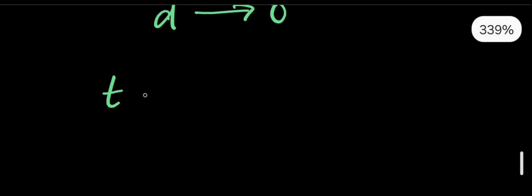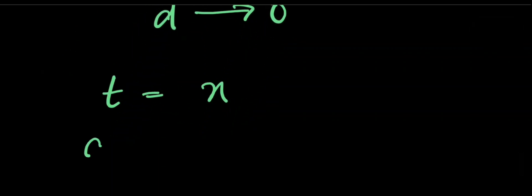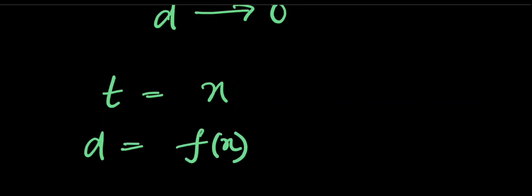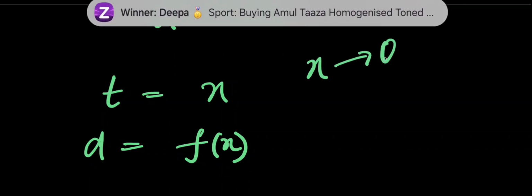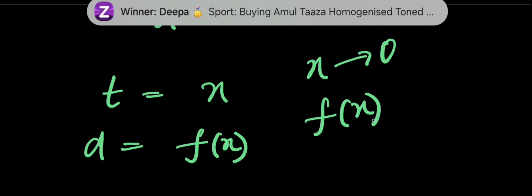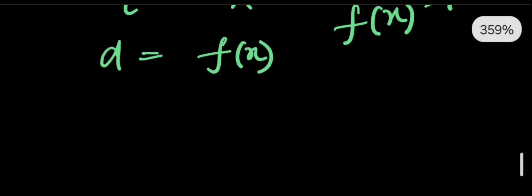Now we can suppose we assign t as the value of x and d as the value of f of x. What would this mean? This means as x approaches 0, f of x also approaches 0.